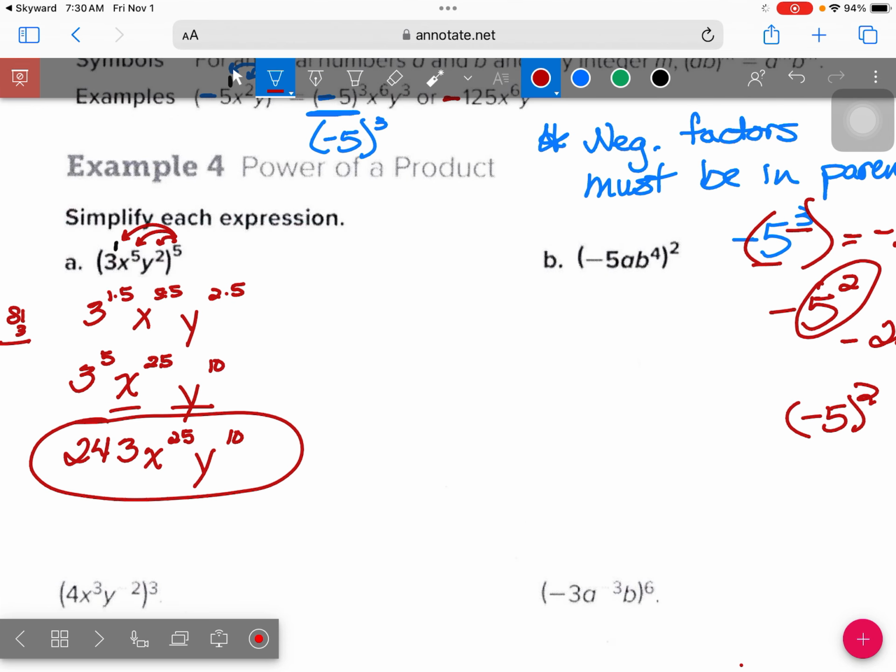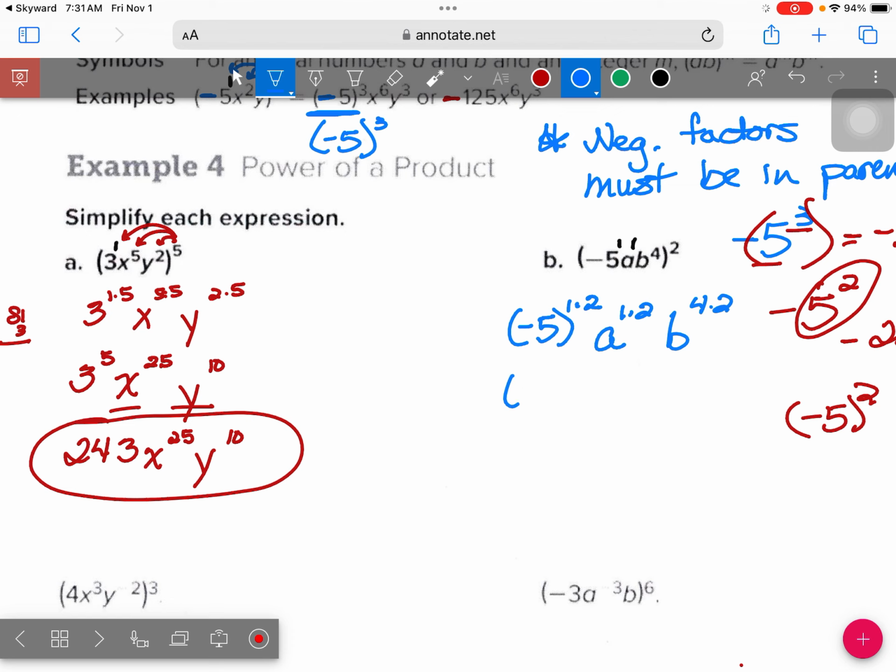This time, everything on the inside is multiplied to a power of 2. So my -5, I'm going to put a 1 on it. My A, I'm going to put a 1 on it. And my -5 out front, I'm going to put that in parentheses. So -5 to the 1 times 2, A to the 1 times 2, and B to the 4 times 2.